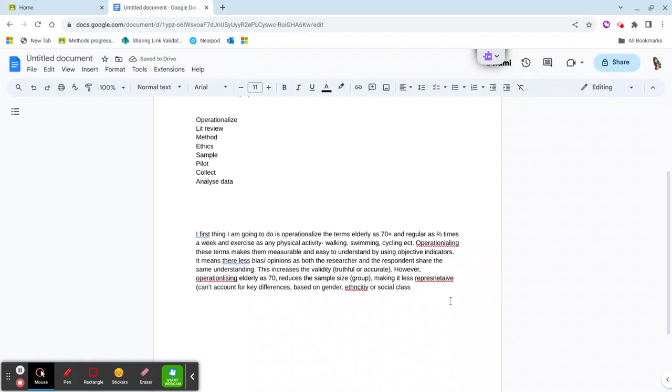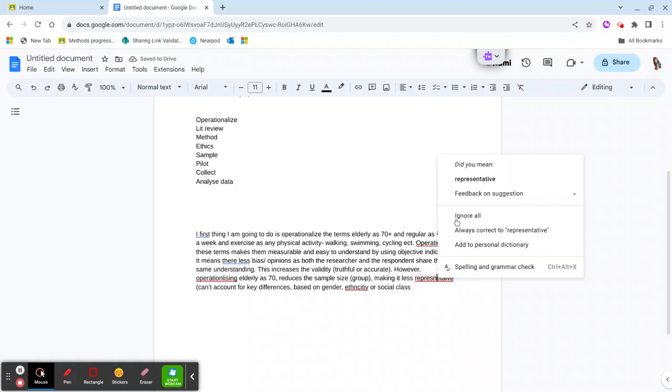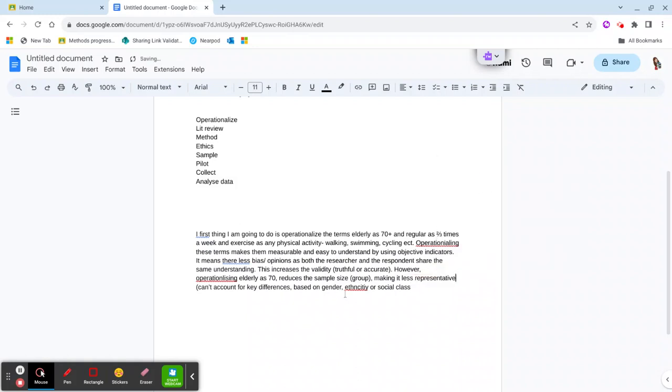So making it less representative. So it can't account for key differences based on gender, ethnicity, or social class. So it's therefore not as generalizable. So we can't apply results or make a claim.